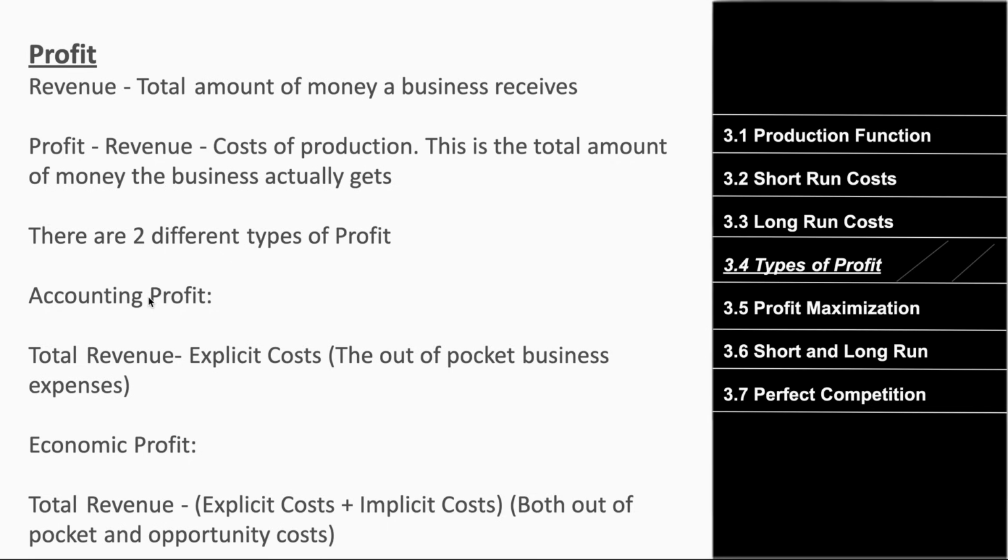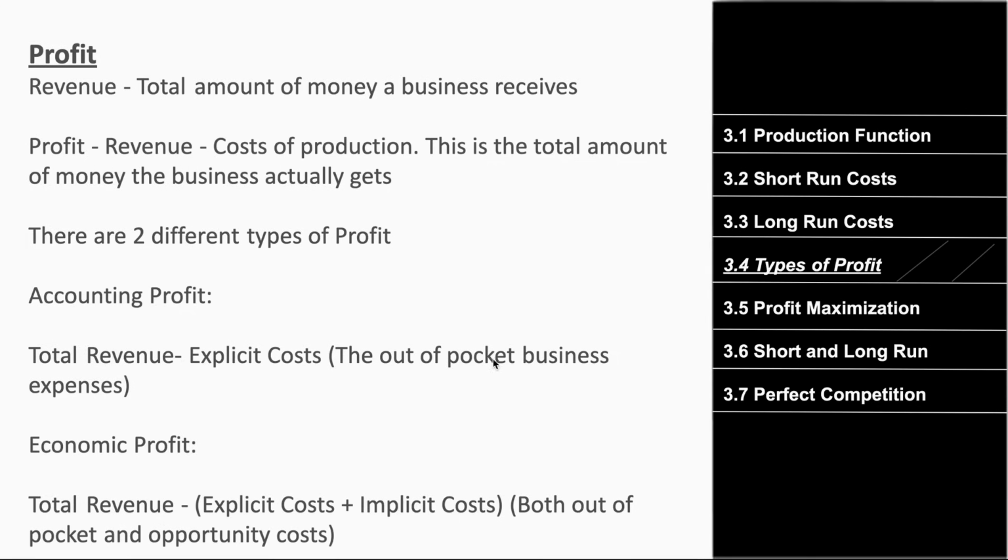The two different types of profit are accounting and economic. Accounting profit is just total revenue minus explicit costs, which means it's the total revenue minus the out-of-pocket business expenses like rent, utilities, energy, things like that. Economic profit is total revenue again, but minus explicit and implicit costs.